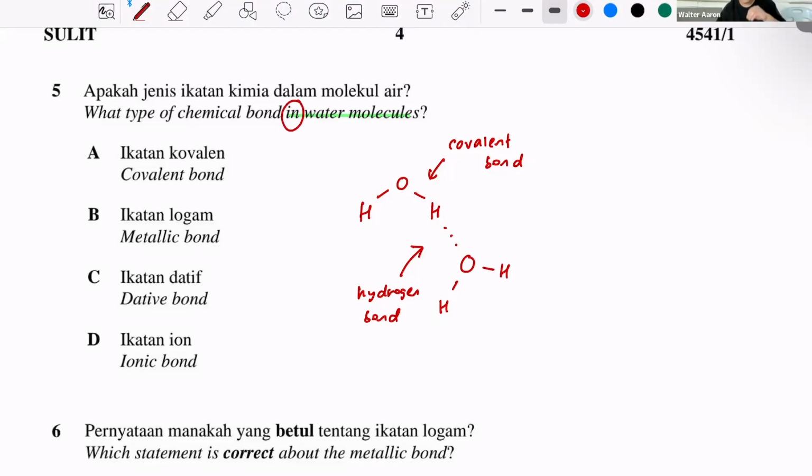So inside means within the molecule itself. So we wouldn't call that hydrogen bonding. Plus, if you see the options given to you, none of them are hydrogen bond. So they're not referring to the intermolecular force, but rather the force that is pulling the atoms together. Therefore, the answer should be covalent bond instead.